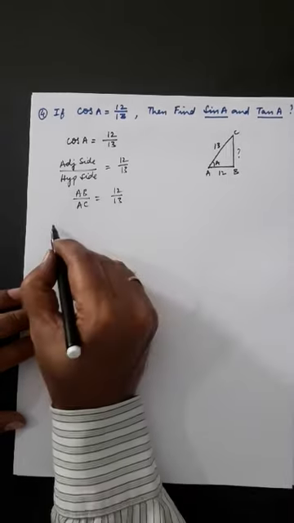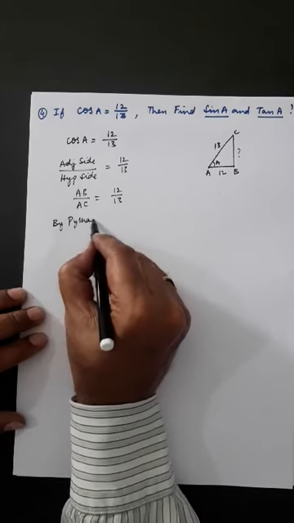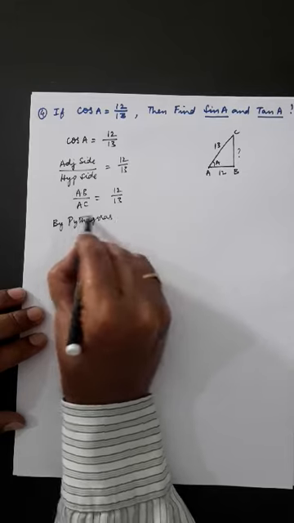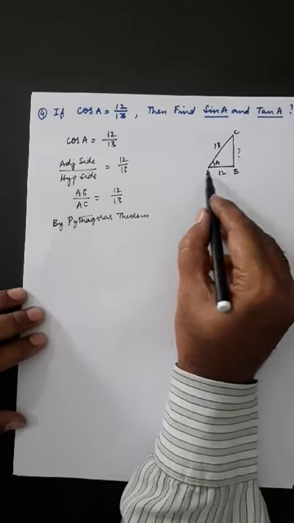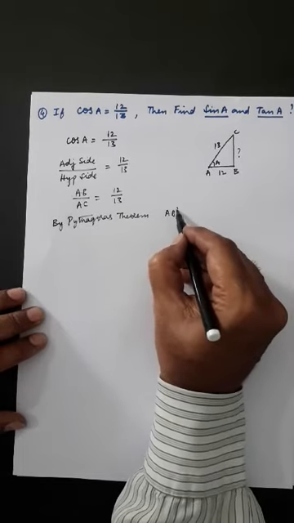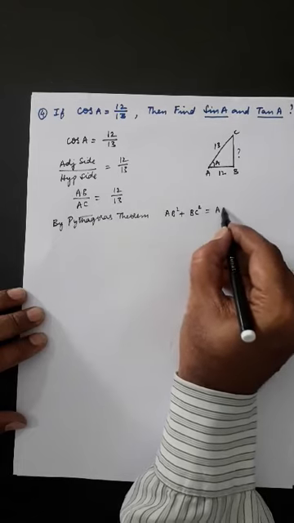Again we need to apply the Pythagoras theorem. By Pythagoras theorem, AB square plus BC square equals AC square.